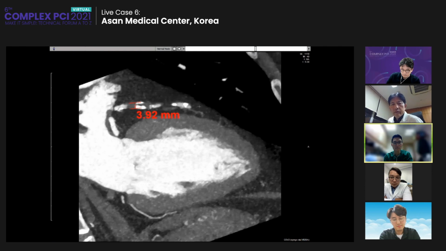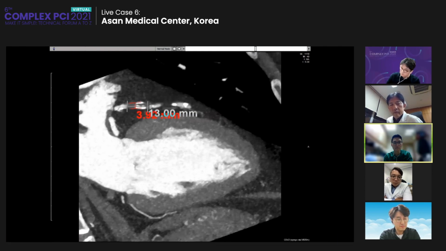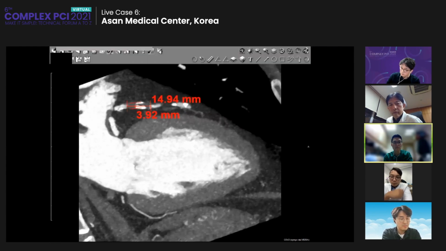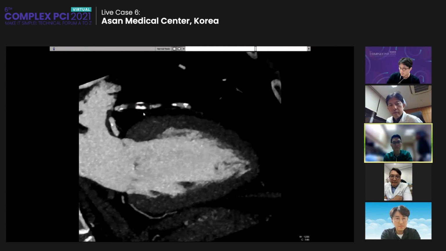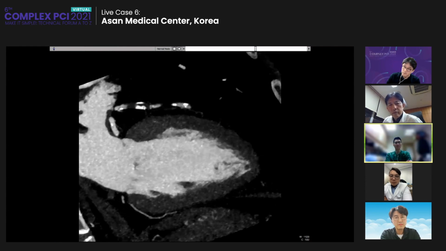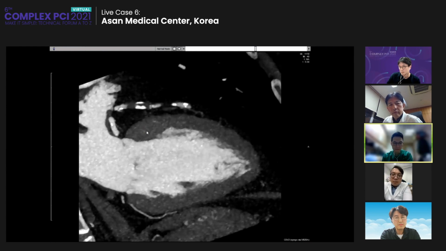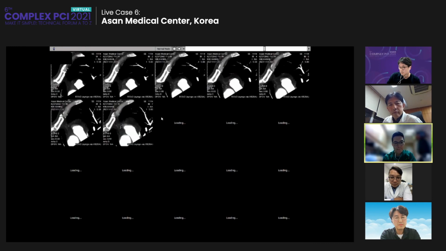So the course is straight, which is quite good. And the total length would be around 15 millimeters. And looking carefully, maybe there is some contrast filling portion at the mid portion of the CTO segment, which indicates an island. I'm not sure on this CT, but it is suspicious.